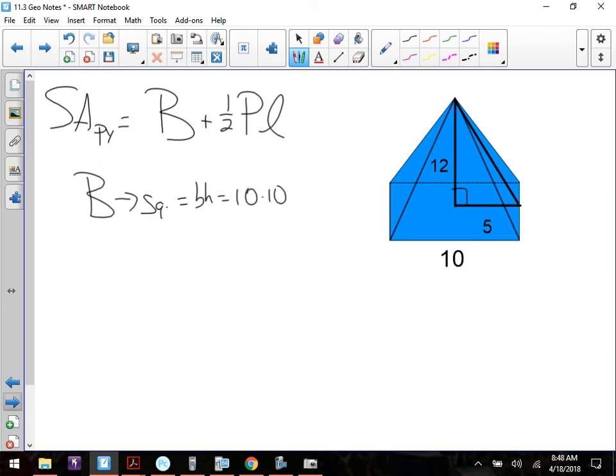If you understand what to look for, you know what to write down. 10 times 10, 100. Perimeter. When you find the perimeter of a square, how many sides do you have to add up? 10 plus 10 plus 10 plus 10.